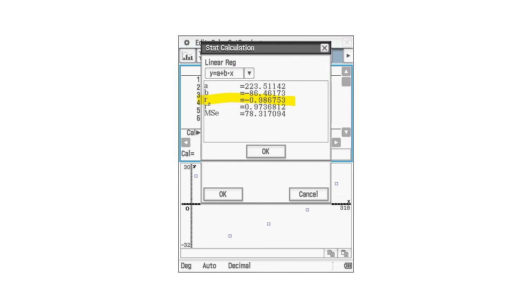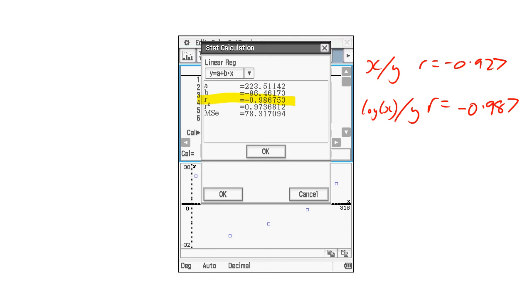So now, before we had said for x versus y, the R equaled minus 0.927, but now we've got log of x and y, and our R equals minus 0.987. Well, now let's have a look at those values. Remember, we can ignore the sign. They're the same anyway. And what we're going to focus on is 927 and 987. Which one is better?